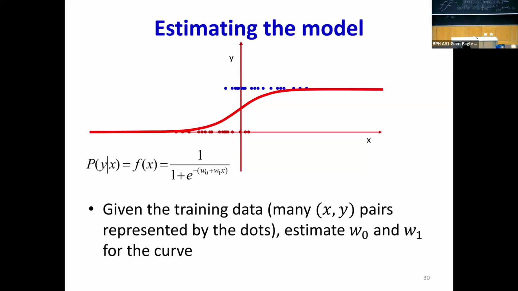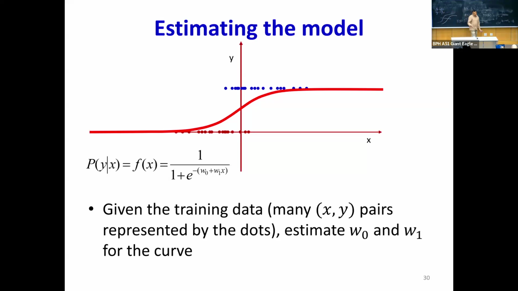Can I write a common formula for both? Does this enable me to just write P of y given x? Someone? Yeah. Have a minus sign in the exponent for y, so the sign changes based on 0 or 1, basically. It's much simpler. Instead of using a y equals 0 or 1 notation, I can use a y equals -1 or +1 notation.